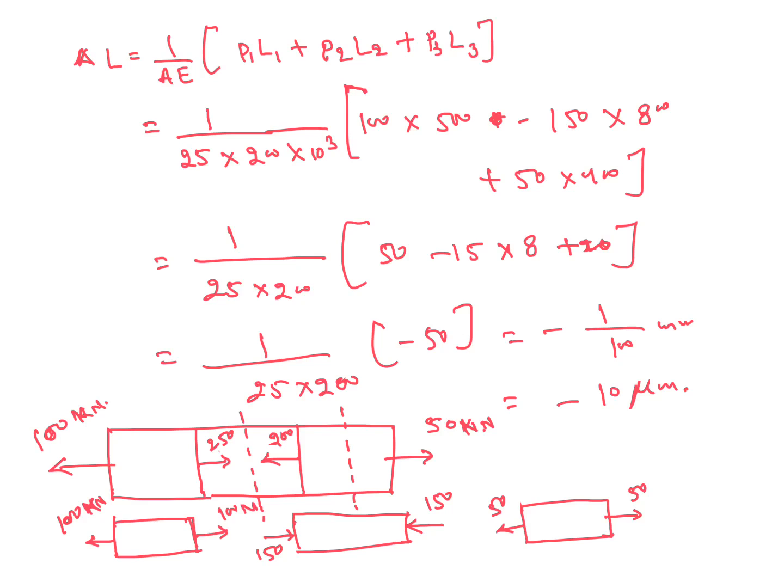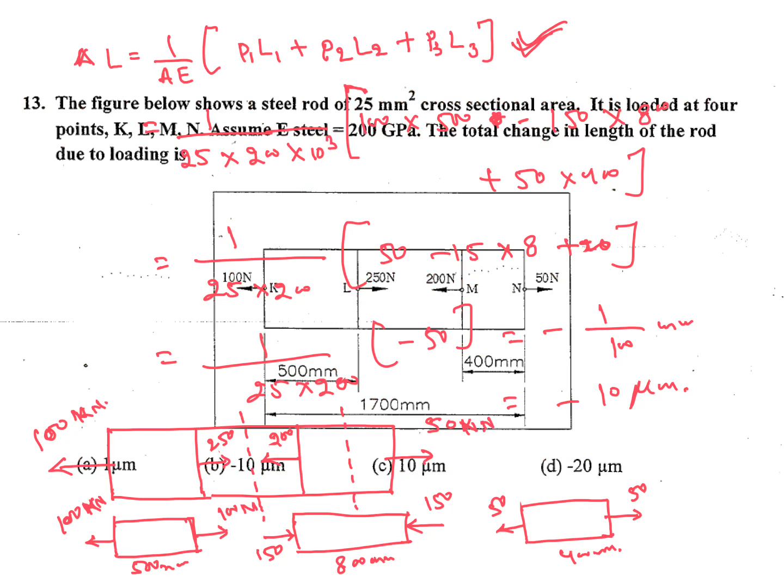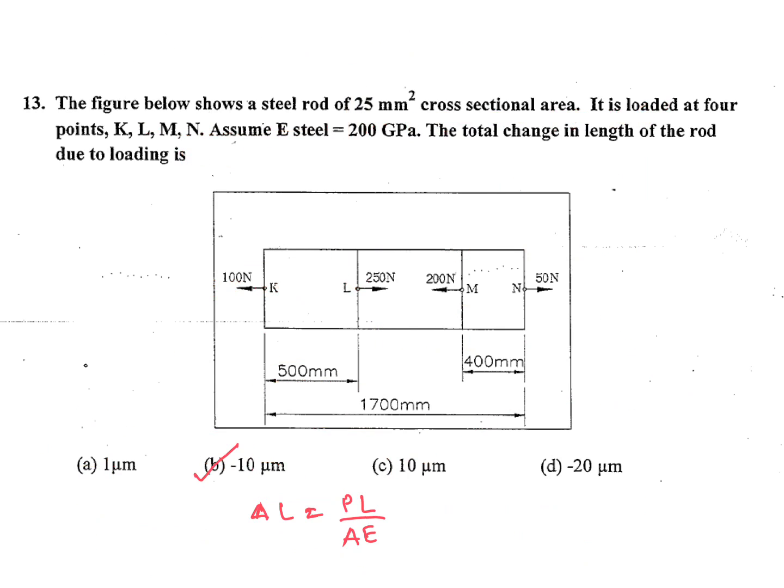L1, L2, L3 from that figure itself you will get: 500 mm, 800 mm, 400 mm. So if you put the values in this formula, you will get the answer, minus 10 micron. So from the options it's B, minus 10 micron.